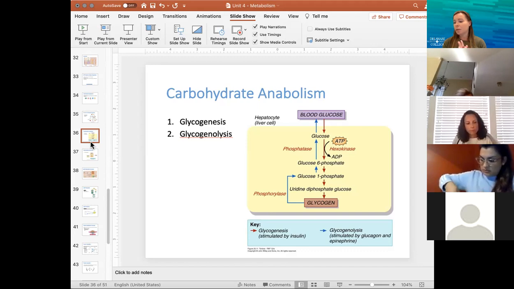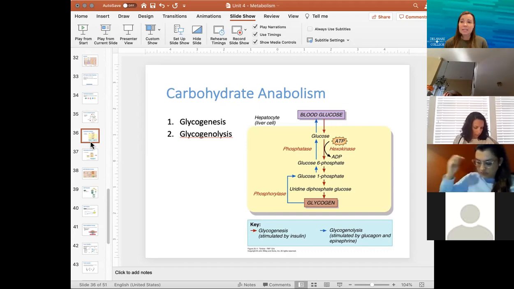And basically, no matter what you're doing, whether you're eating or whether you haven't eaten in hours, your body's goal is to maintain a pretty steady level of glucose in your blood. When glucose is in the bloodstream, it's easily available for cells to grab and then use to make ATP.